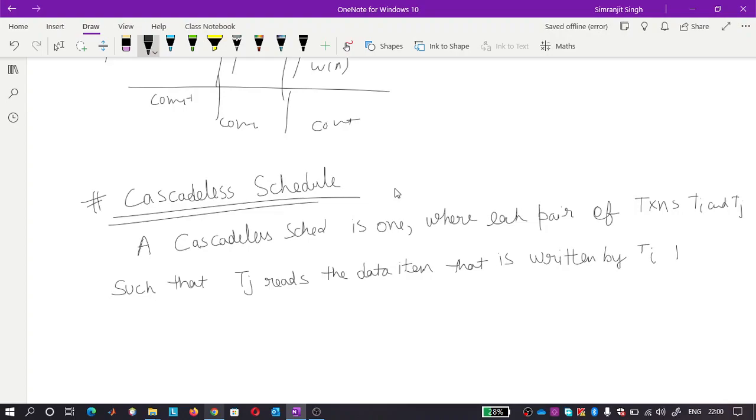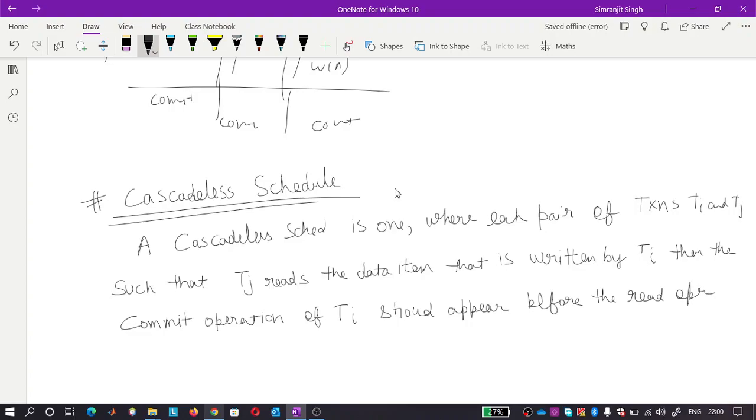then the commit operation of Ti should appear before the read operation of Tj. It's very easy to understand. It is only talking about when Tj reads a data item from another transaction Ti.